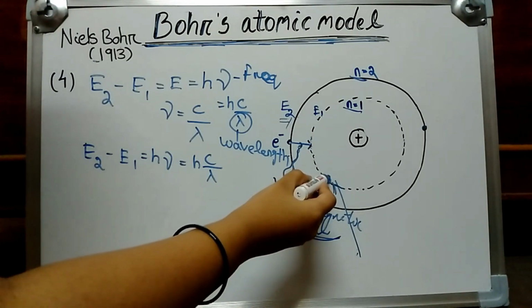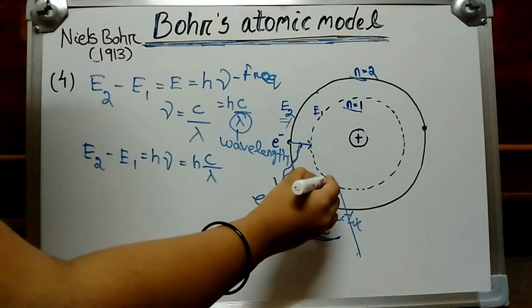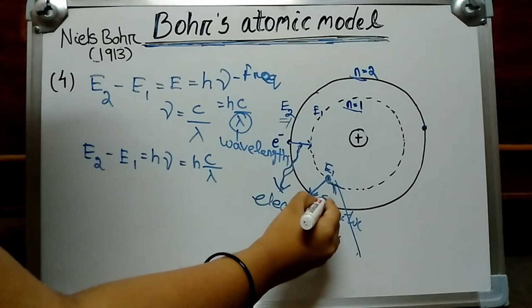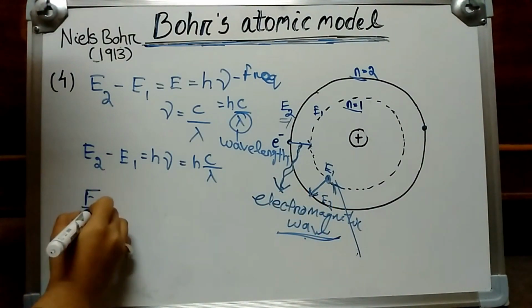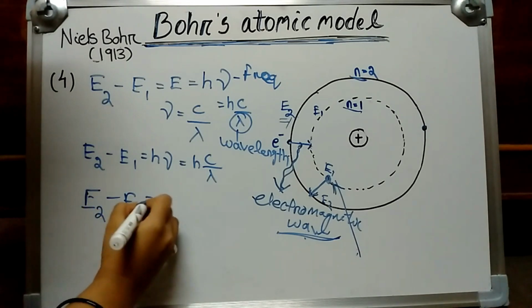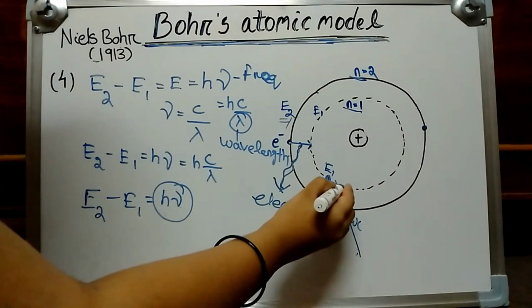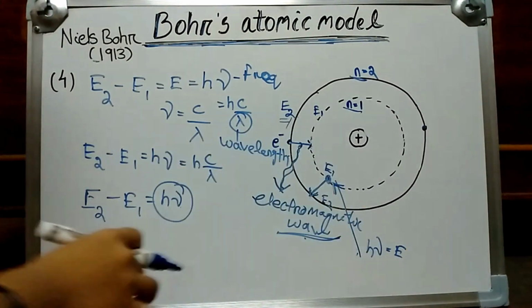Take here energy E1, and here energy E2. Then the formula is E2 minus E1 equals h nu, where h nu is the amount of energy supplied to the electron.